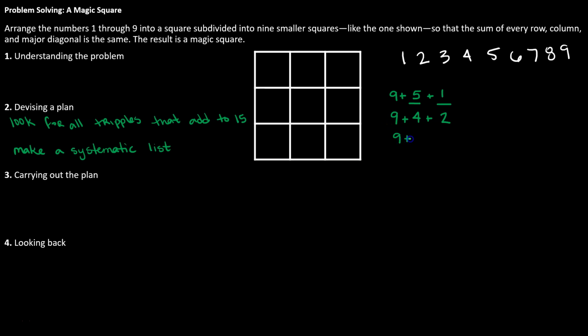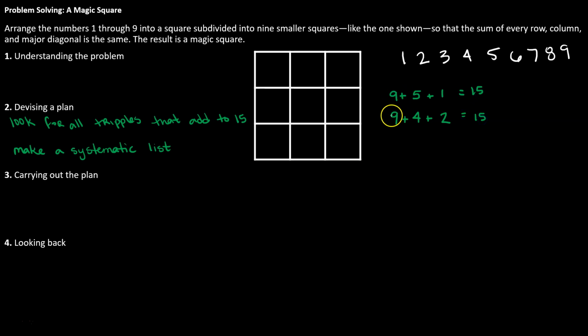So then 9 plus 3, where I use 3. Oh, that's not going to work because I don't get to use any one of my digits multiple times. So I know that as far as 9 goes, there's only two possibilities. I can use 9, 5, and 1, and I can use 9, 4, and 2. These each give me a sum of 15.